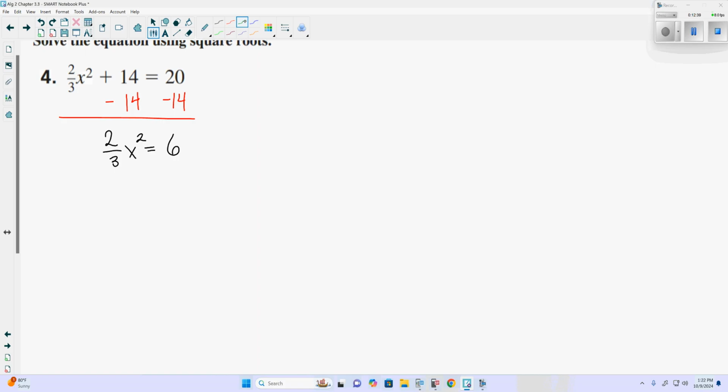What do we need to do next? We still need to get the x squared by itself, yes? So what's with it? 2/3. So how can we get the 2/3 to the other side? We can divide both sides by 2/3.